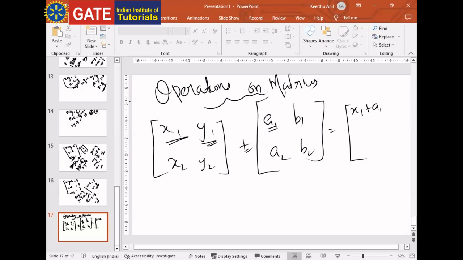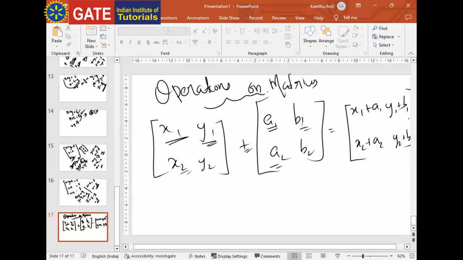Then y1 plus b1. Then x2 plus a2. The other one will be y2 plus b2. So this is the general principle for addition.